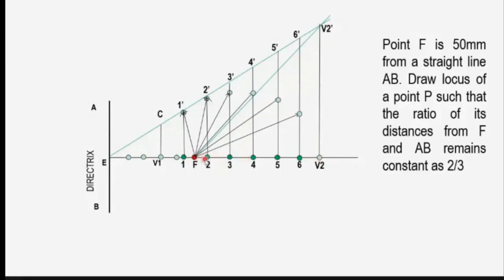Because this is 45 degrees, the distance FV2 is equal to V2 V2 dash. This angle of this green line is 45 degrees. That is why we have to draw this at 45 degrees. So I am not taking V2 dash as 7 dash. I know my point will lie here. Similarly, locate points below the line EF and join all these points with a smooth curve. You will get an ellipse.